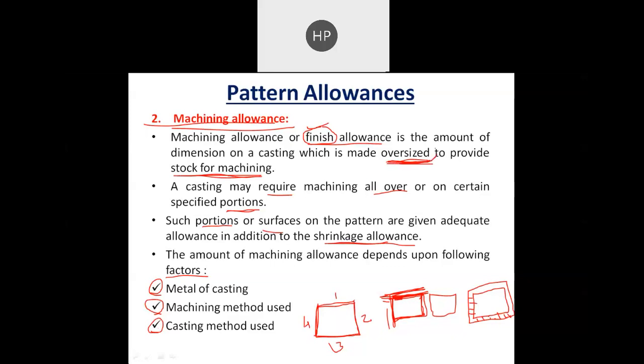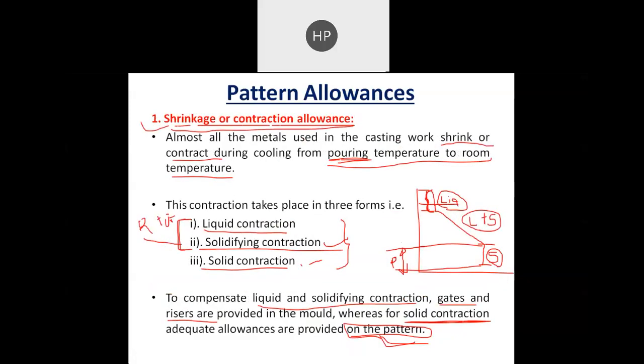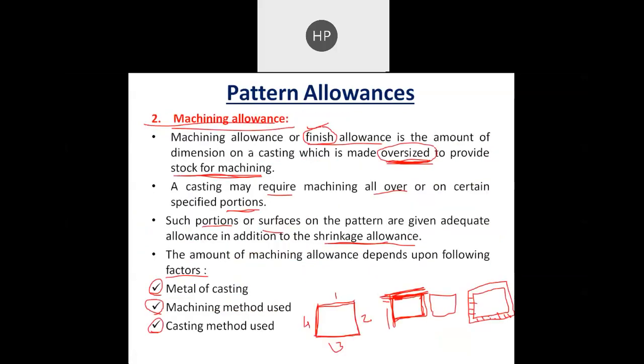So again, in a machining allowance we have to make an oversized pattern. Same thing here, in shrinkage we also make it oversized. Why? Because during contraction it will shrink. So in these two allowances, pattern shrinkage allowance and machining allowance, we make the pattern oversized than the original casting.